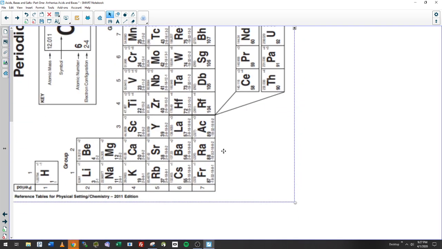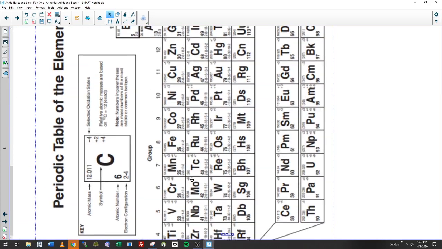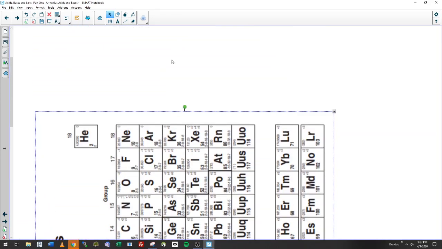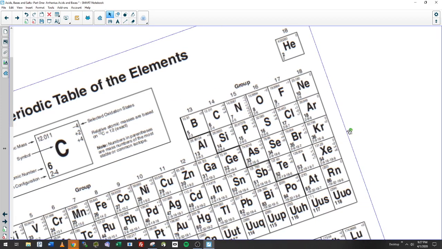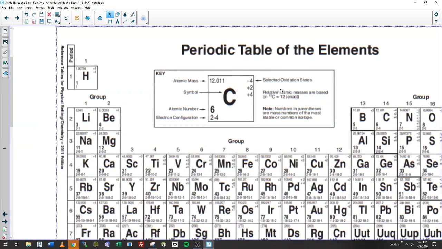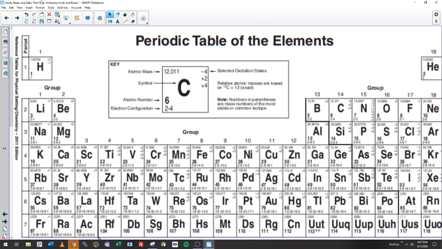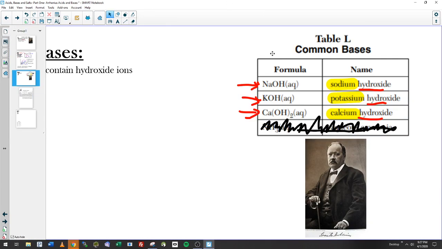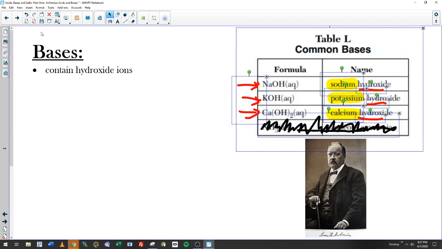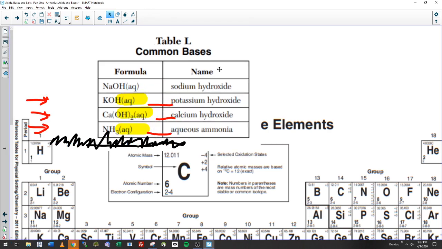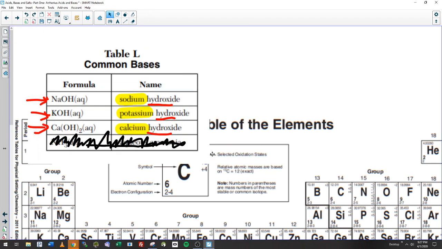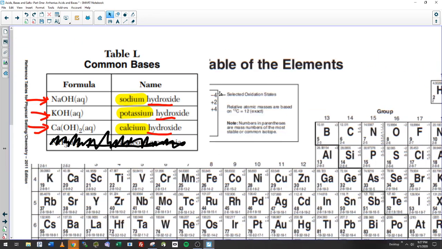Let's rotate you. Diagonal periodic table. Okay, so according to this list that we have going on here, let's actually copy and paste you.